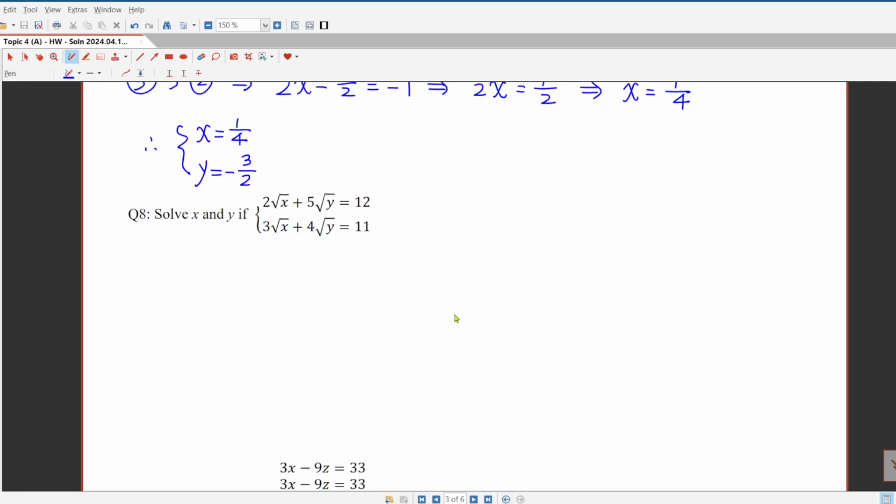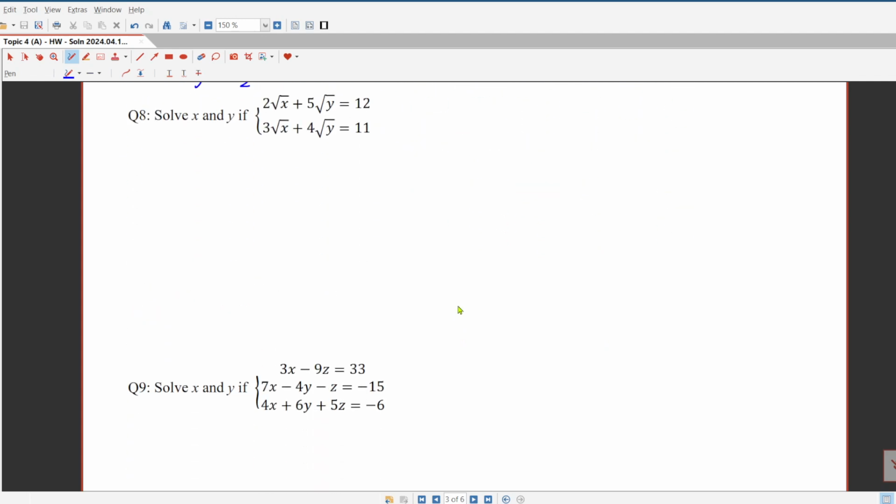Alright, if no questions, let's have a look at the next one. For question 8, it seems that we don't have a system of linear equations here, but the method we use to solve a system of linear equations should also work here, right? The key is to eliminate one of the two variables. If you only have one variable and one equation, it's very easy to solve, right?